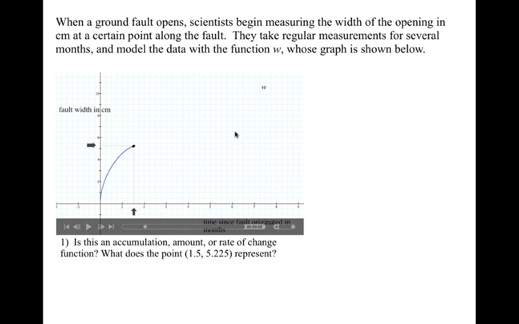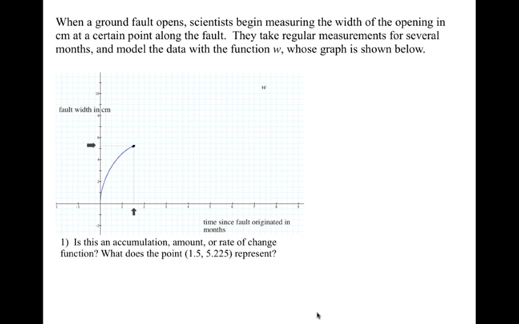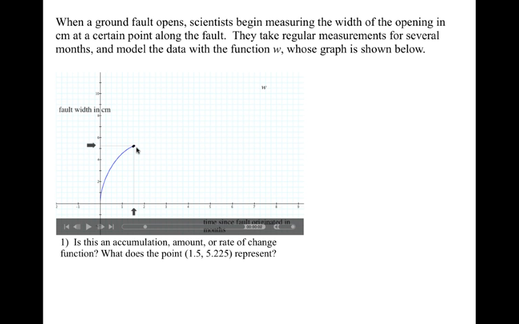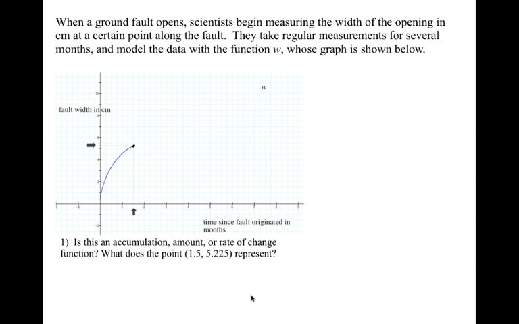On the graph, on the visual, the displayed graph. Just the y-axis, right? So it'd be that arrow that's up there on the left, up on the axis. That's the width. But the point together, the point 1.5, 5.225, is when we take those two values together. It's at 1.5 months, the width is 5.225 centimeters. Okay, going on.